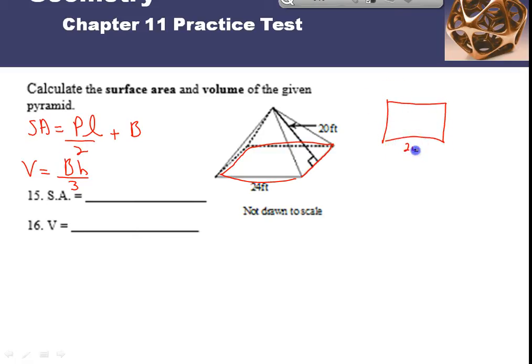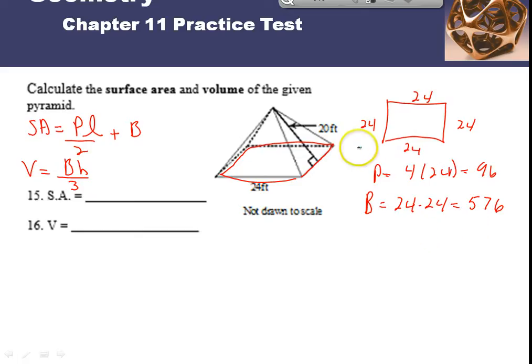And each side of the square is 24. So my perimeter is going to be 4 24s, so 4 times 24, which is 96. Okay, and then the area of the base is going to be 24 times 24, which is 576.